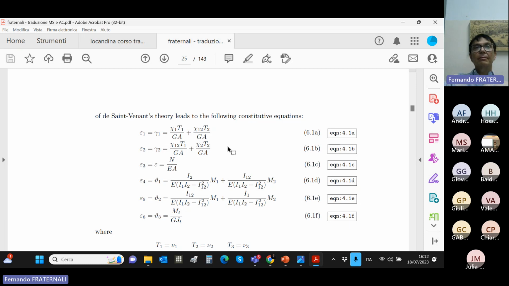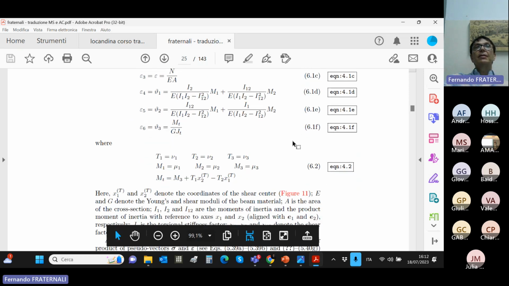Because we are directly applying the results, extrapolating the results for the straight beam to the curved beam, we don't have a coupling between different components of stresses and strains due to the curvature of the beam.